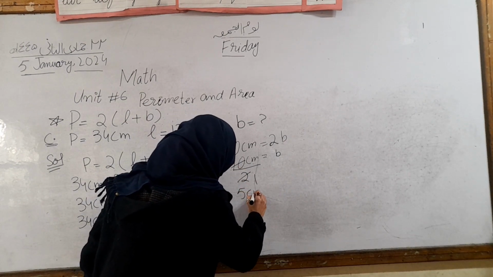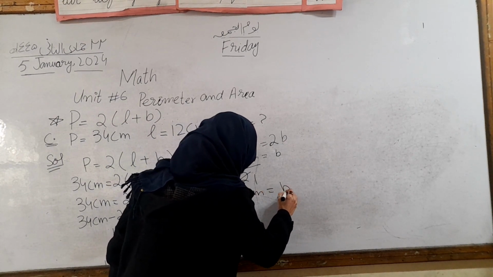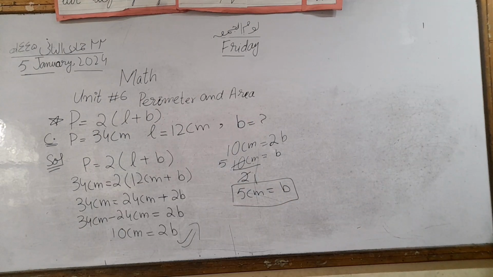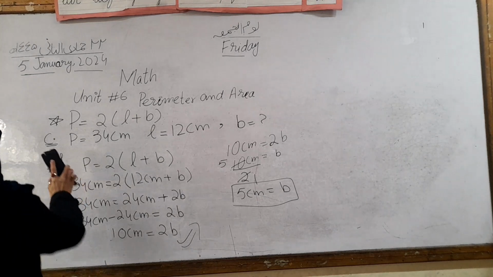Then b is equal to 5 centimeter. So in C part, perimeter is 34 centimeter and length is 12 centimeter. You put all the values in the perimeter formula and get the value of breadth, which is 5 centimeter. Now moving towards D part.